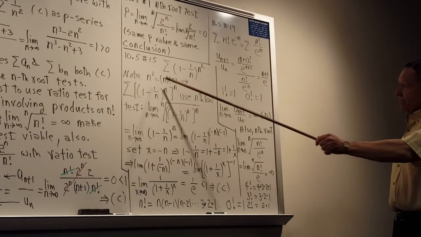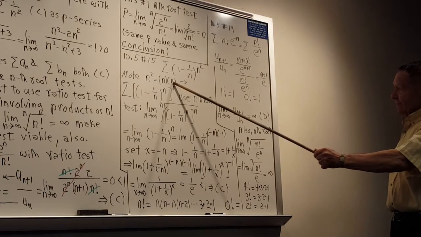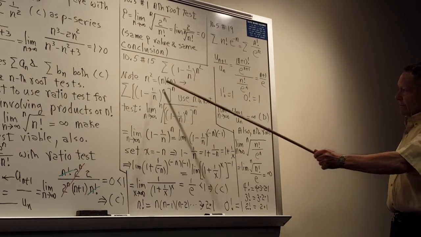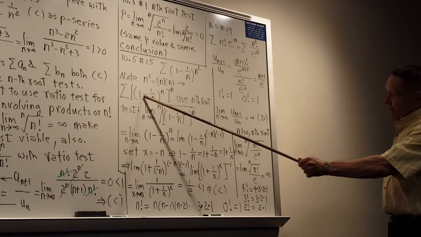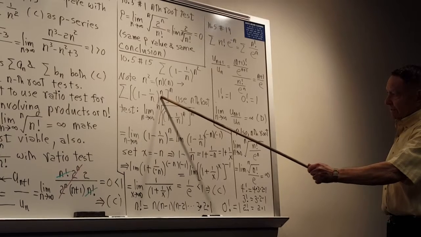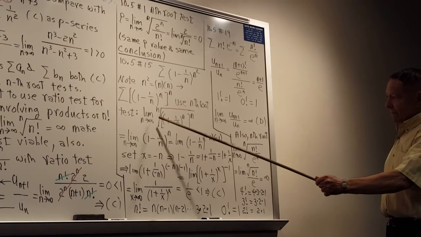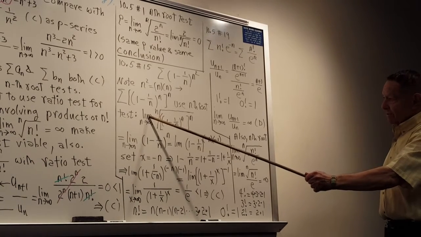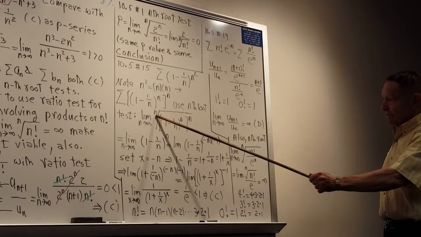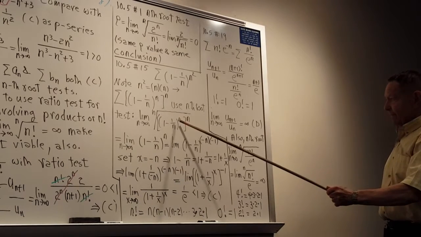So notice first of all that n squared is n times n. And so you could take one of the n's and put it with the 1 minus 1 over n, like this, and then the other one is out here. And then if you're going to test for the limit of the sequence of nth roots, you're taking the nth roots of this thing.